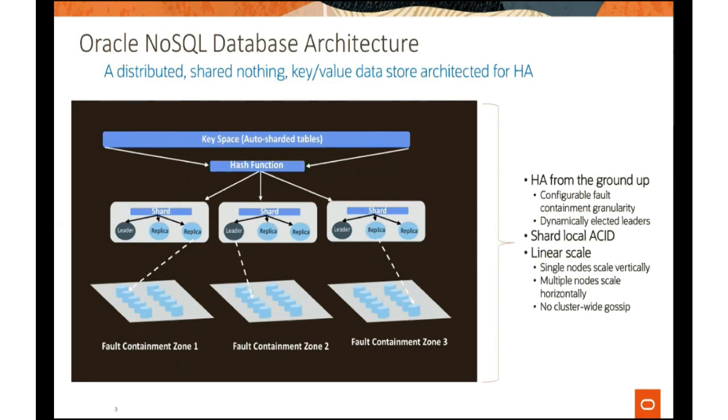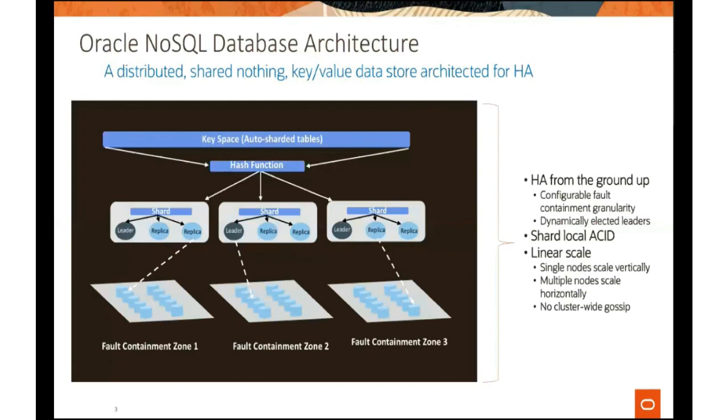Each shard has a dynamically elected leader node, and this is how we actually perform ACID transactions. So all writes are routed to that leader node. All requests for consistent reads are routed to that leader node. And so it is shard local ACID from the perspective of the typical transaction ACID model.